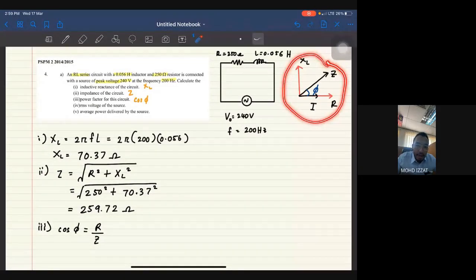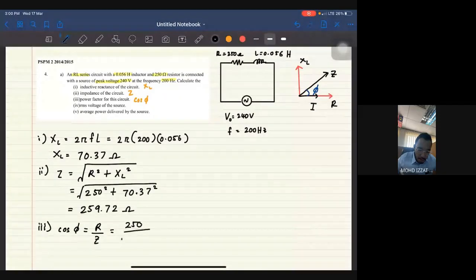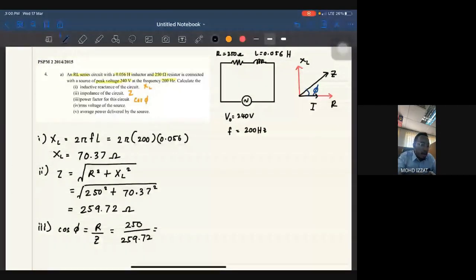So cos phi is R over Z, which if I substitute all the values will be 250 divided by 259.72, which is equals to 0.963.